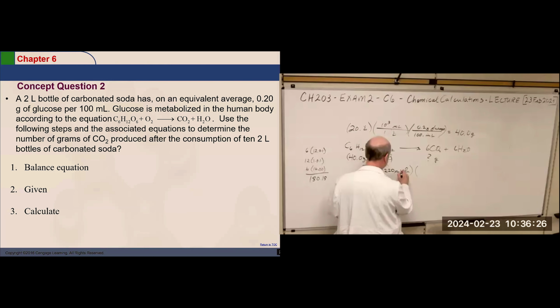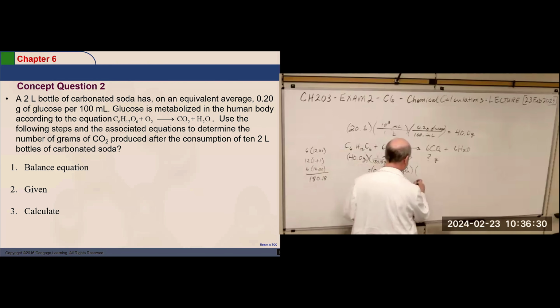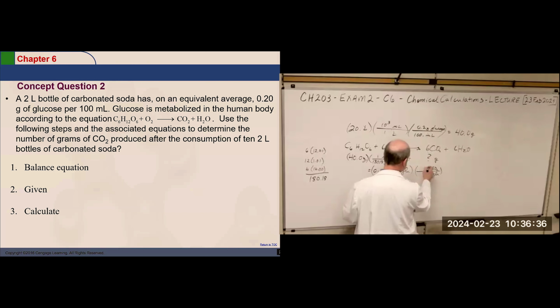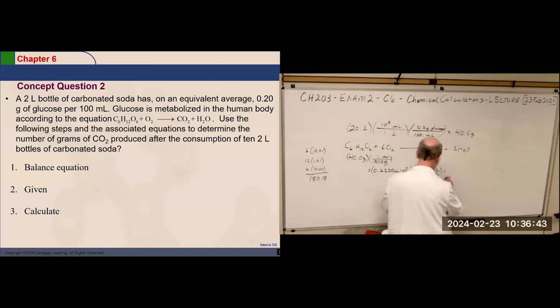This is moles of glucose. Now we need a conversion factor to convert from glucose to CO2, and that's 6 here and 1 there. So I get 1.332 moles.